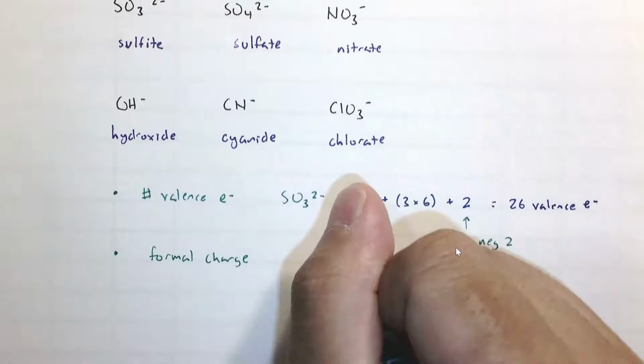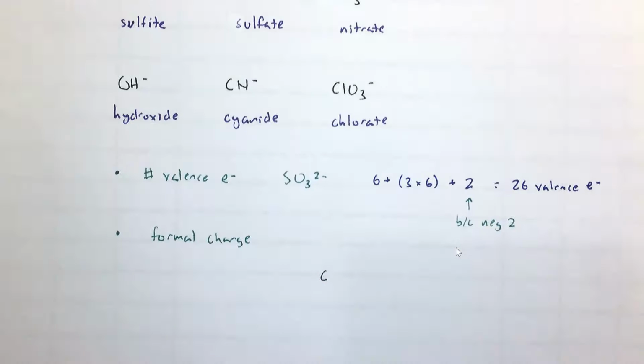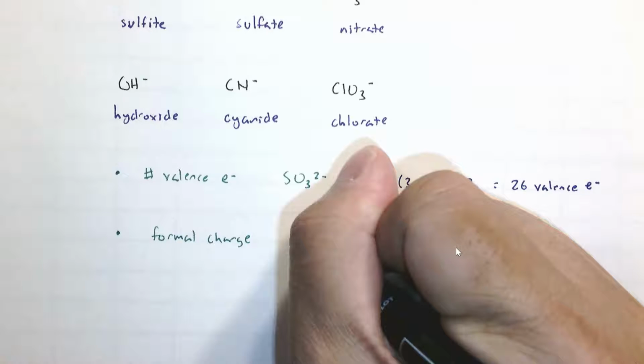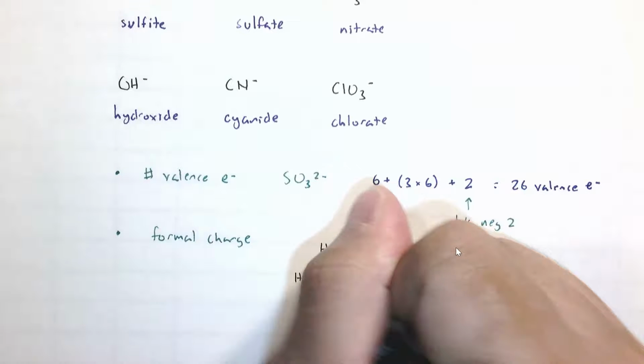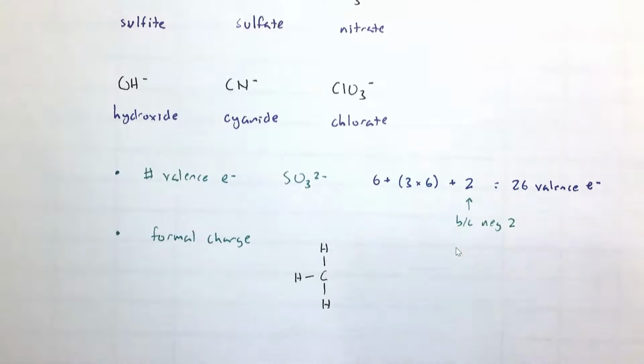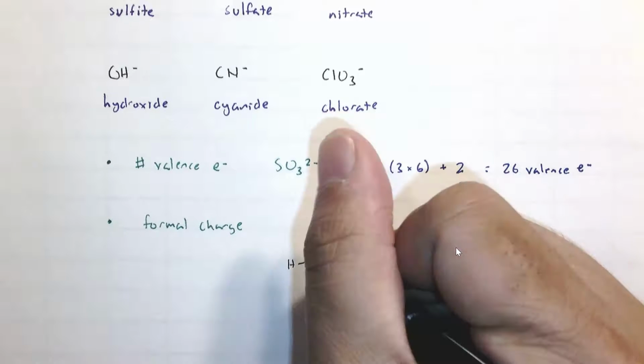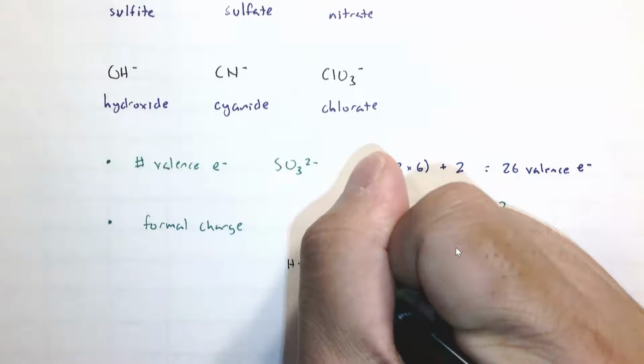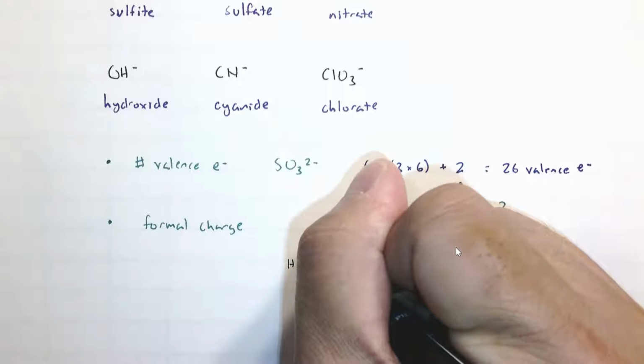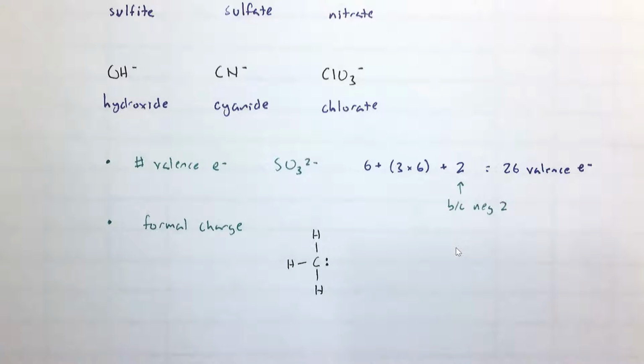So formal charge, let me actually give one example now. For instance, if we have a carbon, I expect carbon to have 4 bonds, but that's if the carbon is neutral. If the carbon has 3 bonds and a lone pair, this carbon has a charge.